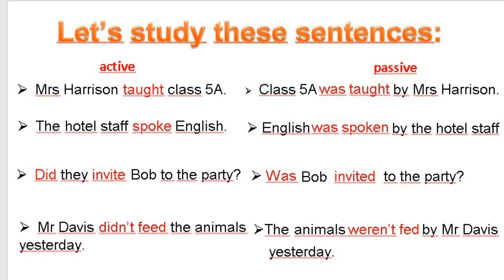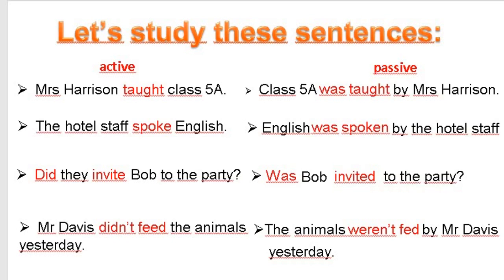Did they invite Bob to the party? Okay, to make a question in the past simple passive, we swap the subject and was, were. So the structure for asking questions in past simple passive is was, were plus subject plus past participle.